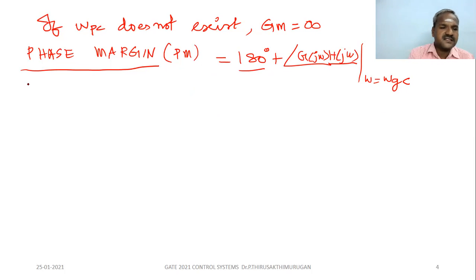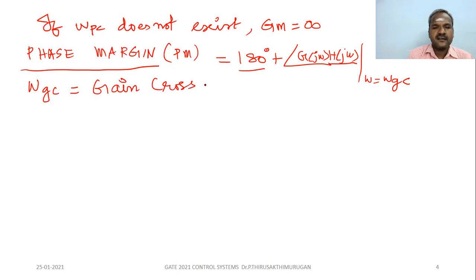Then what is ω_gc? ω_gc is the gain crossover frequency. What is the gain crossover frequency?